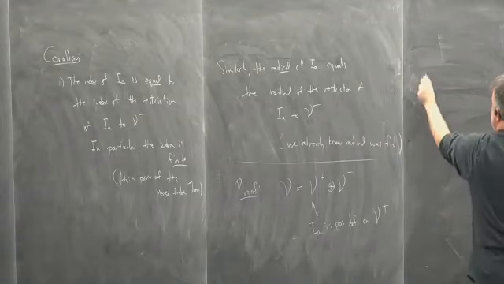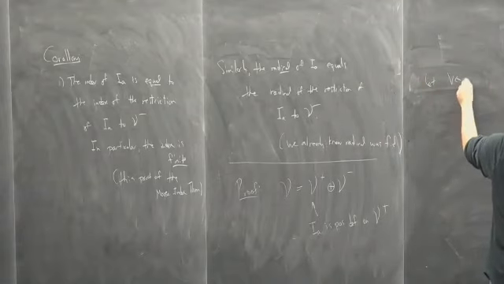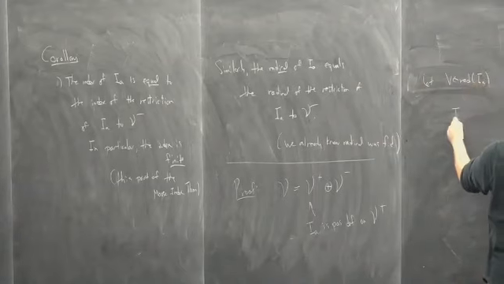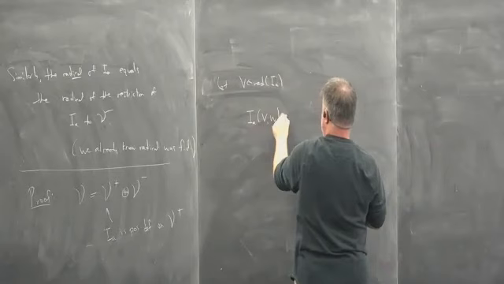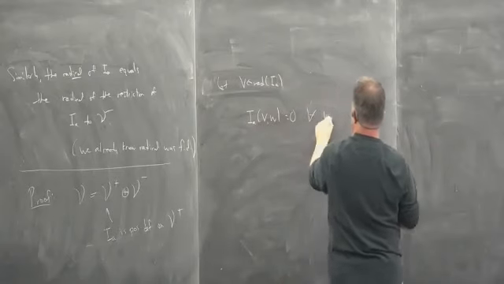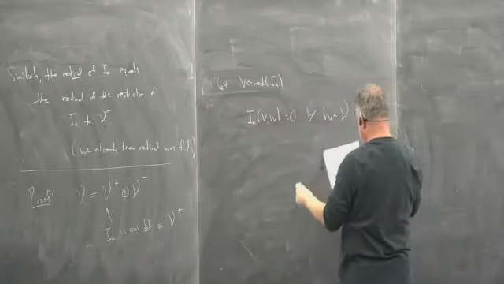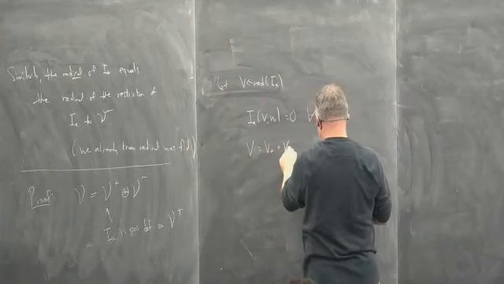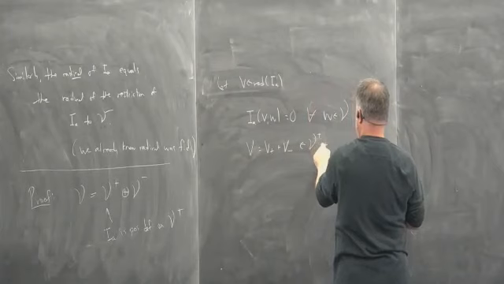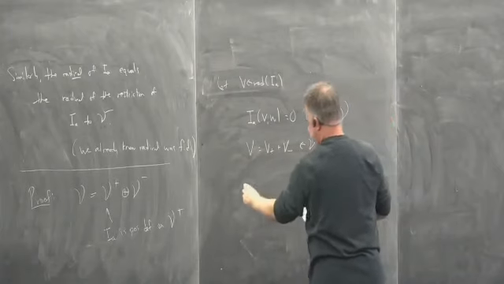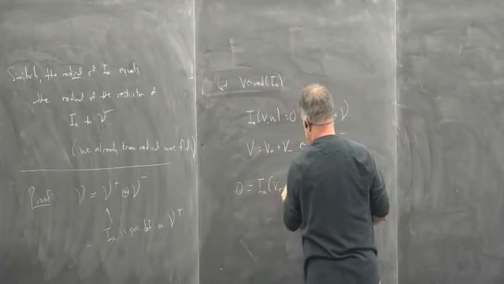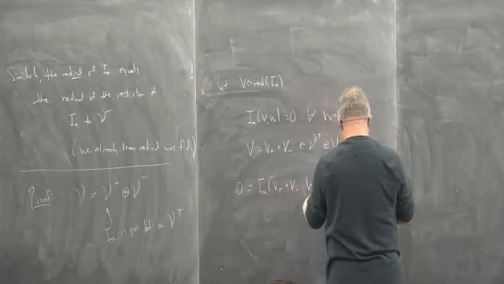So let's suppose that V is in the radical of IA. What does that mean? It means that IA of VW is 0 for all W in V. We can write V as V plus V minus. So we get 0 is equal to IA of V plus V minus with W.